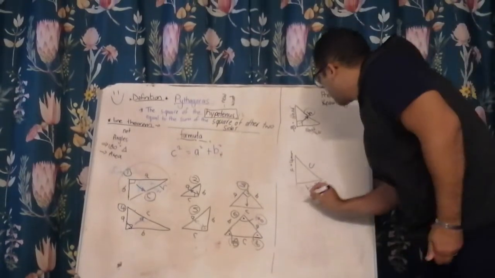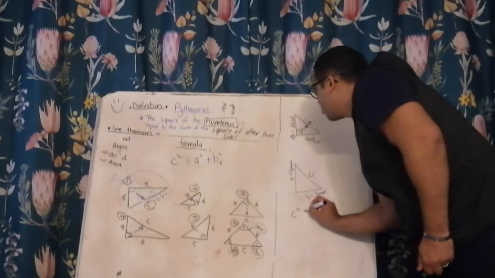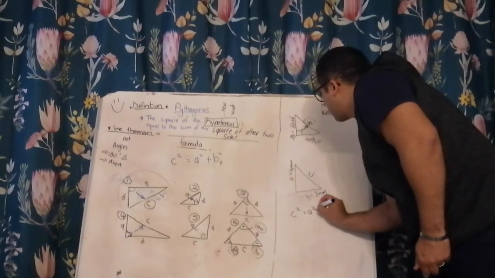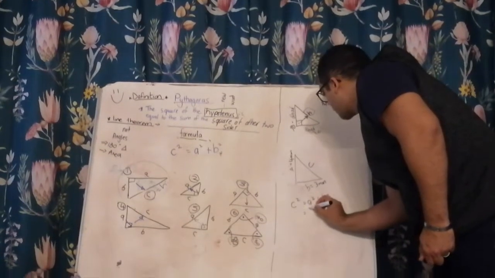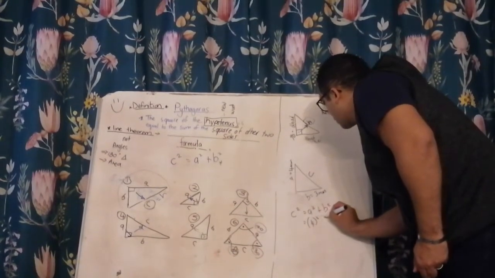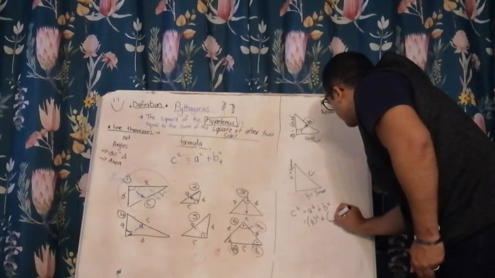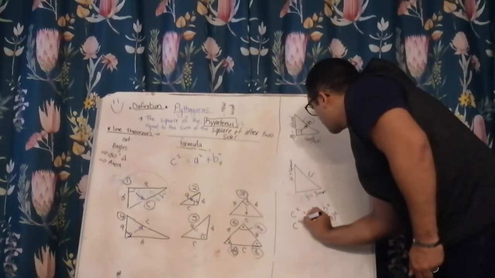Right, let's work it out. We know our formula: C squared is equal to A squared plus B squared. We've got the units for A. Please don't forget the brackets. A is 4 squared plus 3 squared is equal to C squared.